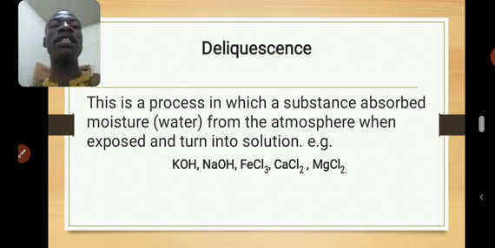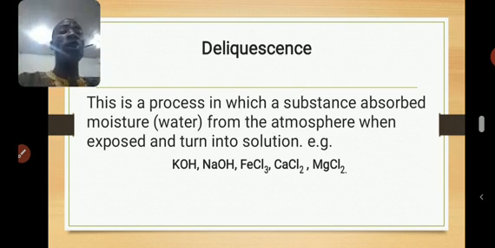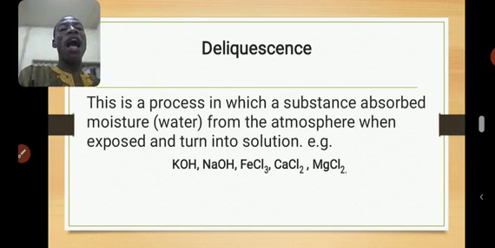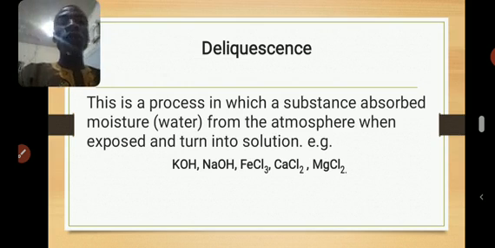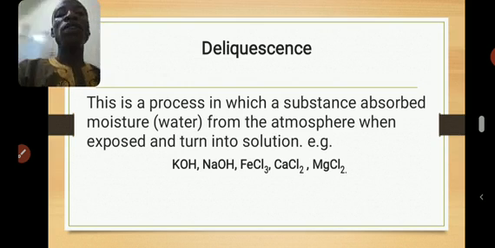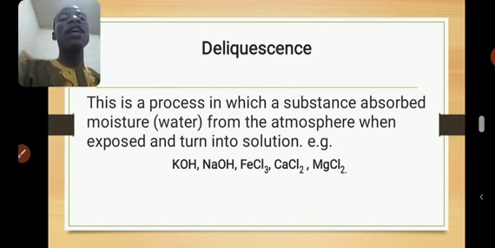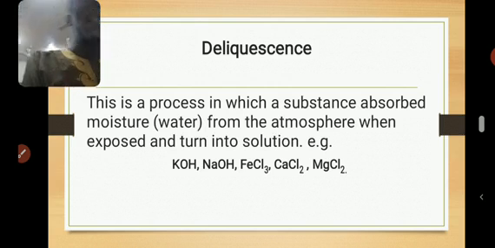It's a process by which a substance absorbs water from the atmosphere, or moisture if you like. Moisture means water. And turns into a solution inside of that. They form a solution inside the water they absorb. So that process in which a substance absorbs moisture from the atmosphere and turns into solution, we call that deliquescence.